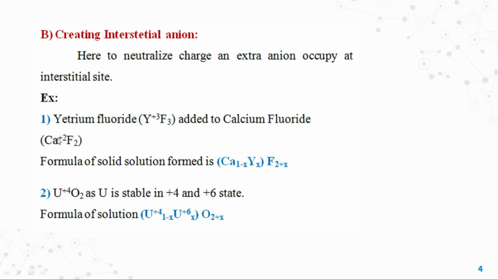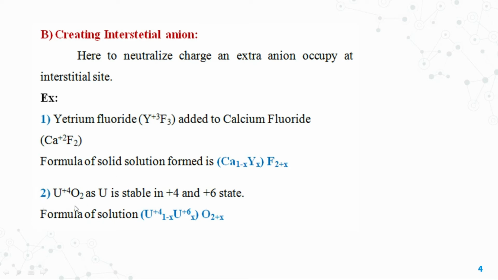If I remove one calcium and add one yttrium, one positive charge will increase, and to neutralize that one positive charge I need to add one anion, that is a fluoride ion. The formula for the solution formed will be, supposing I remove x number of calcium ions, Ca(1-x) Y(x) F(2+x), as x number of yttrium is added.